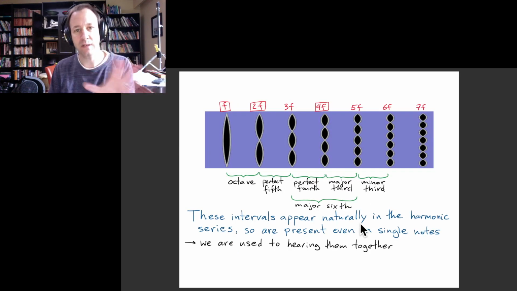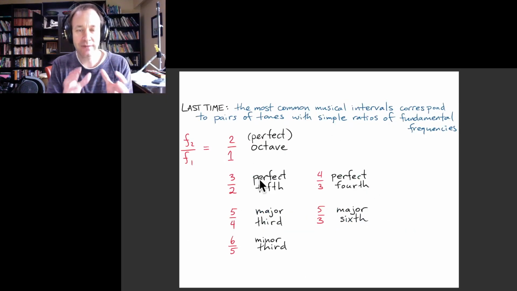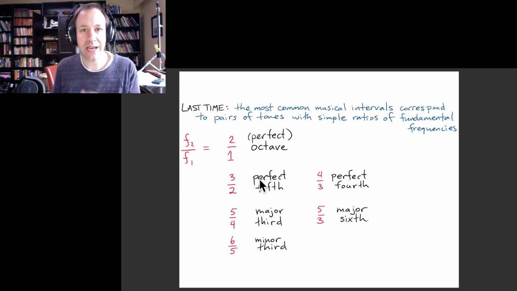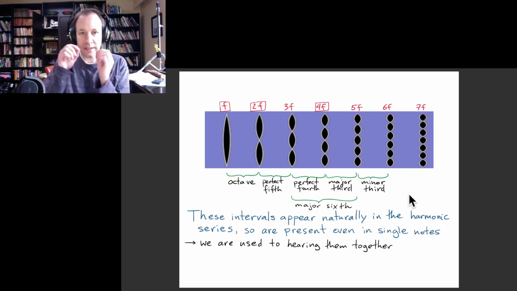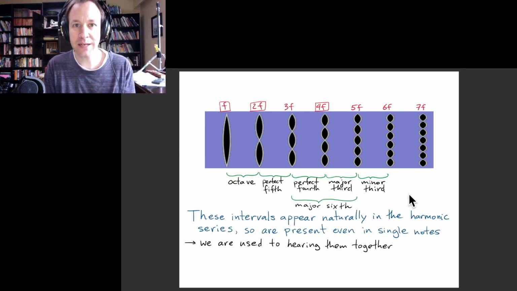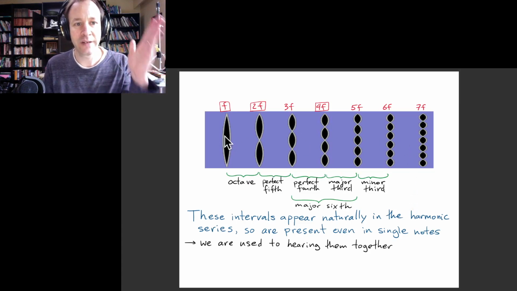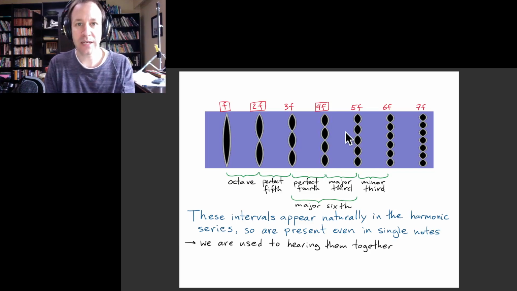Okay, so maybe just a quick review of why these pairs of notes might sound good to us. We had a couple of different ideas. One was that in the harmonic series, the series of pure tones that are present when you have a single musical note, you already have these pure tone frequencies in simple ratios.